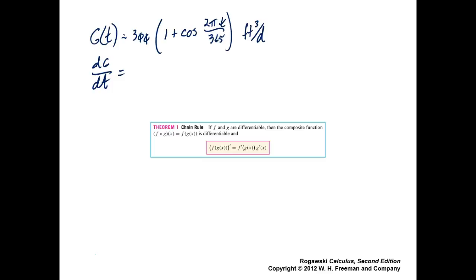I think it might make it a little easier to look at and calculate if we multiply the 300 through. You really don't need to, but to me that makes it a little easier. This would be 300 plus 300 times the cosine of 2 pi t over 365.